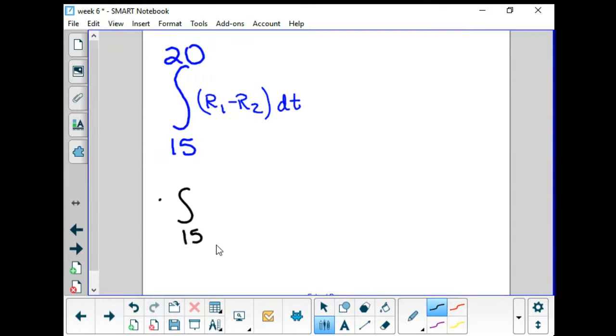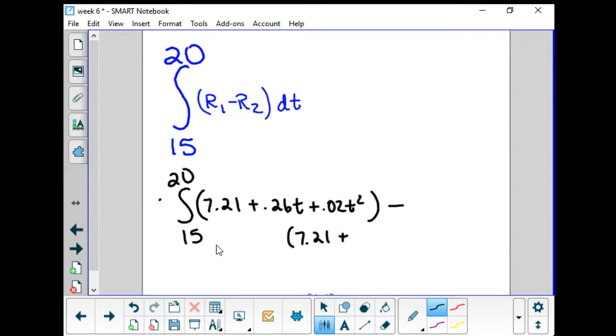So I'm going to integrate from 15 to 20. And let me grab my notes here because I have them in front of me. So my R1, 7.21 plus 0.26t plus 0.02t squared, t is the year, minus 7.21 plus 0.1t plus 0.01t squared dt.